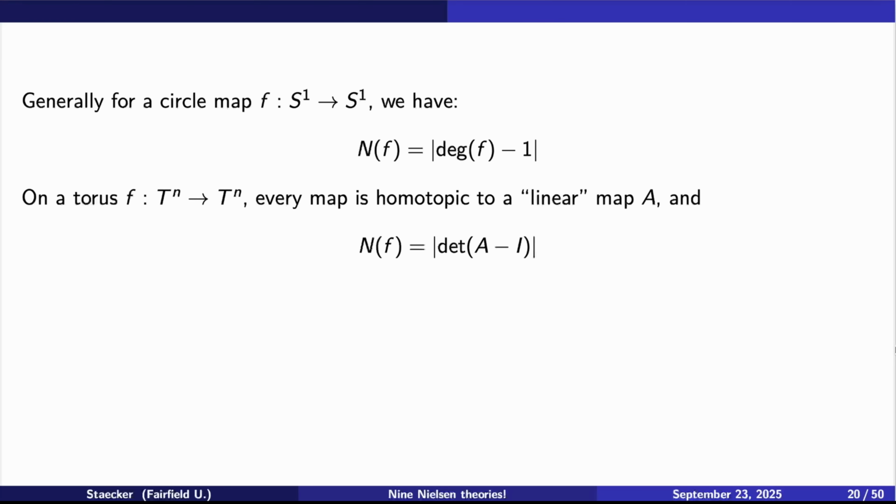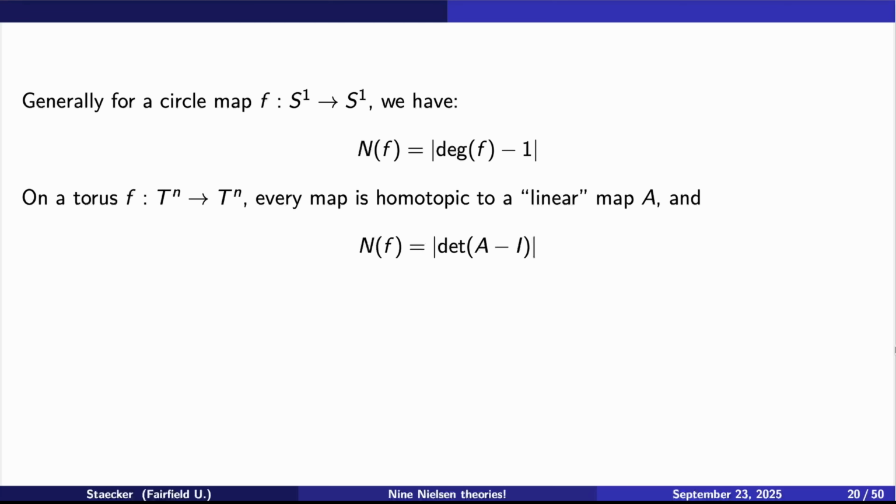And then another easy case is a torus. A torus works out nicely. Generally the Nielsen number is very well behaved with respect to products, and since the torus is a product of circles, it's not so hard to do this. So on a torus, every map is homotopic to a sort of linearization on the torus, and this is the formula for the Nielsen number on the torus.